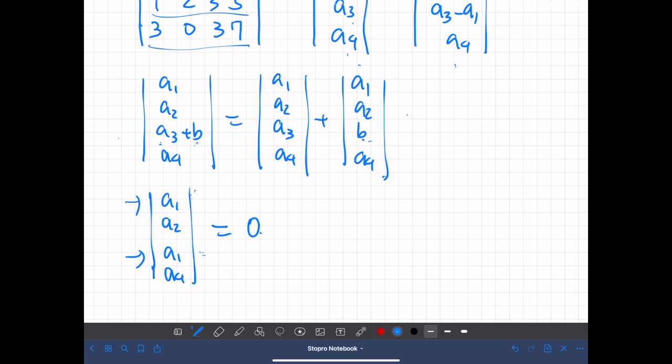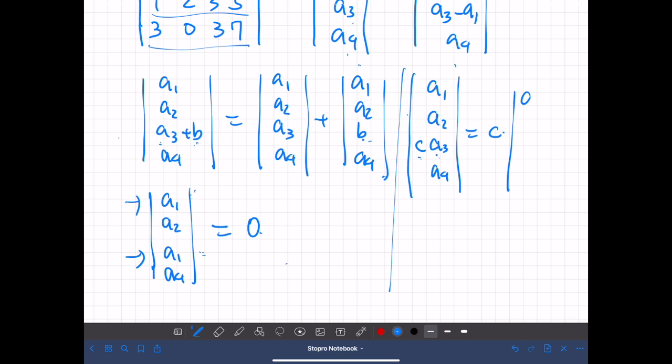Combining these two, there is actually another one. If you have A1, A2, A3, A4, and some constant multiplied to one of the row vectors, you have just the constant times this determinant.